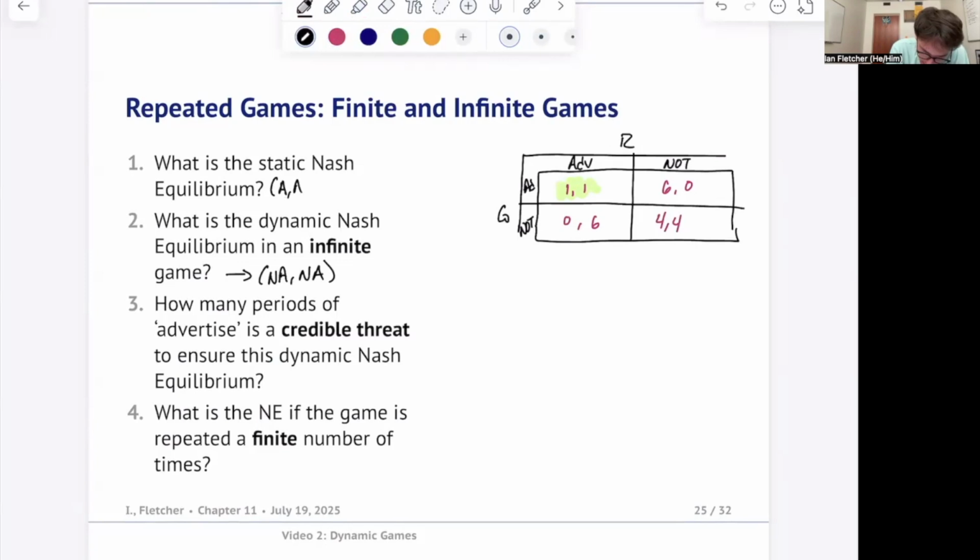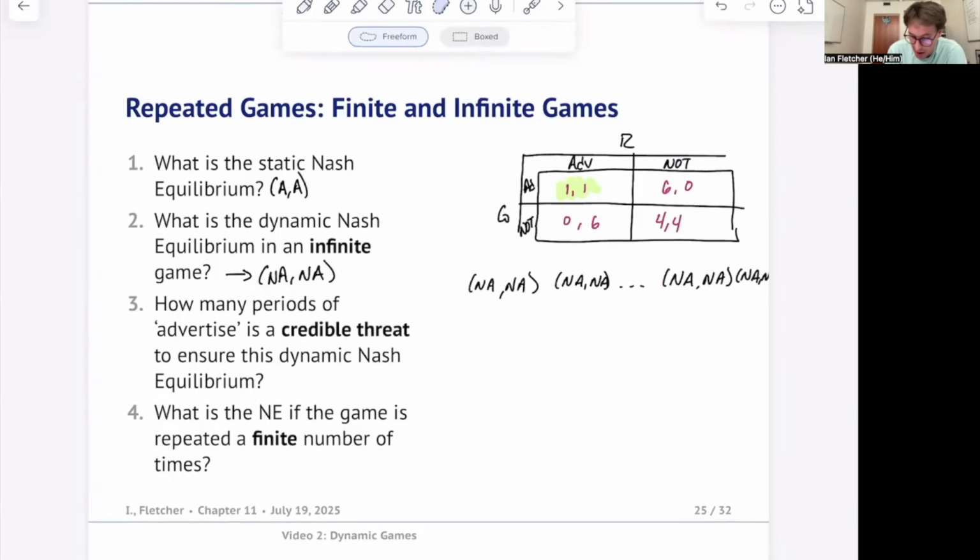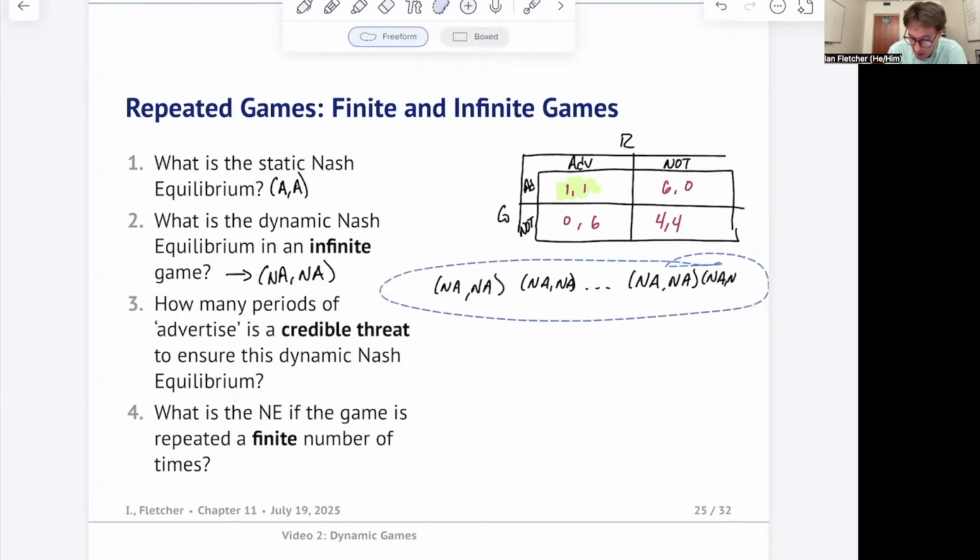By going not advertise forever, we're playing the game exactly how people would expect us to play, and we're playing cooperatively.